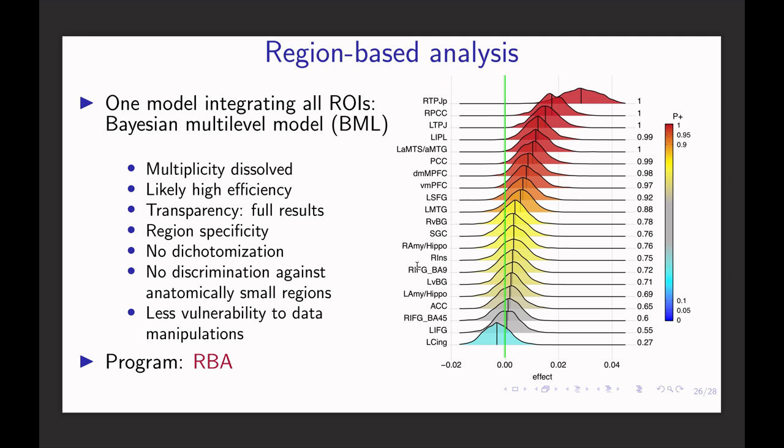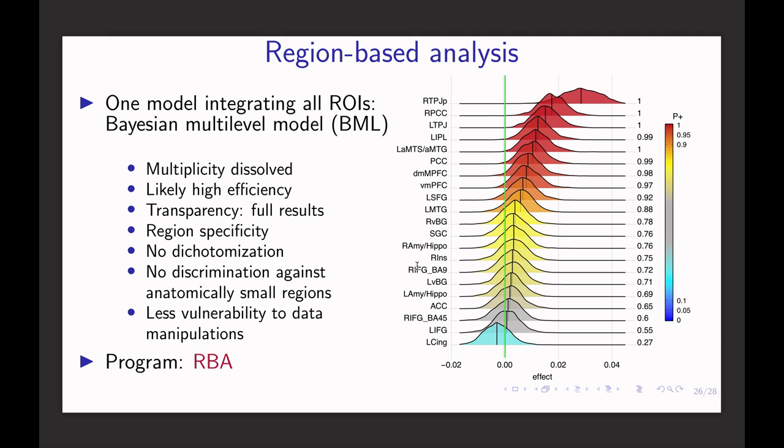So, no dichotomization, no discrimination against the small regions. Why no discrimination? Well, everybody is put on an equal footing, right? Regardless of region size, we judge them based on their effect strength and statistical evidence. And there's not much room for arbitrariness.